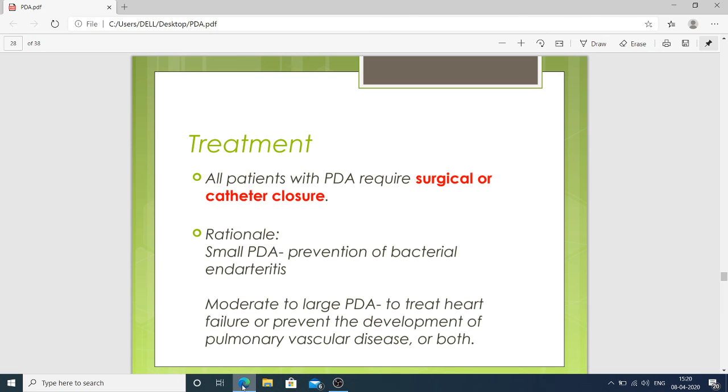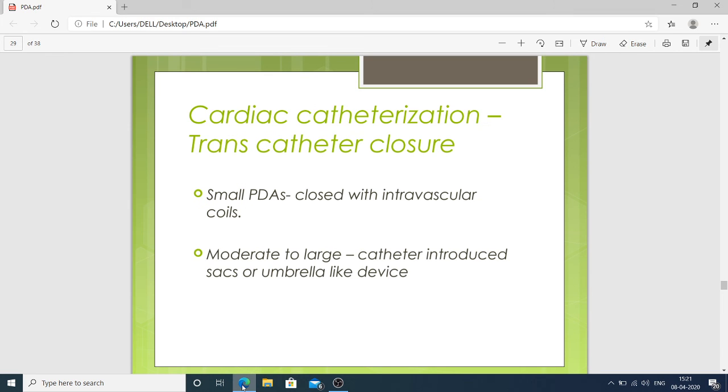Then treatment. All patients with PDA require surgical or catheter closure. The rationale behind it: small PDA, prevention of bacterial endarteritis; moderate to large PDA, to treat heart failure or prevent the development of pulmonary vascular disease or both.